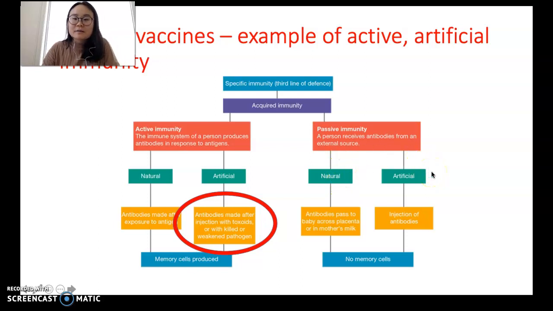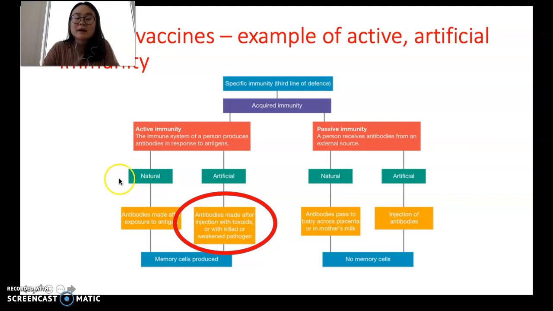In artificial passive immunity, you are receiving antibodies artificially. That's, again, an injection, and that's one way certain diseases can be treated. Just to recap, active is when your body produces antibodies itself. Passive is when your body receives antibodies.